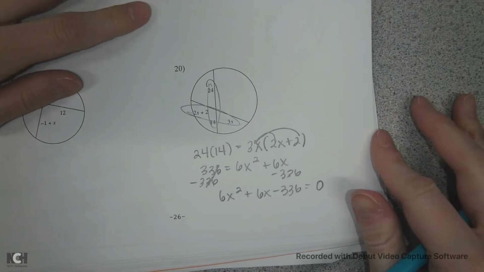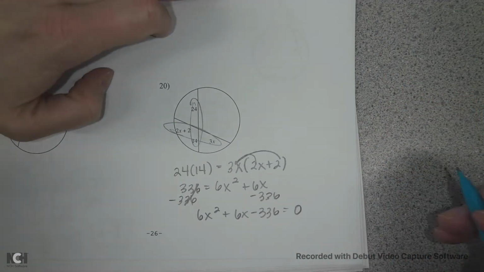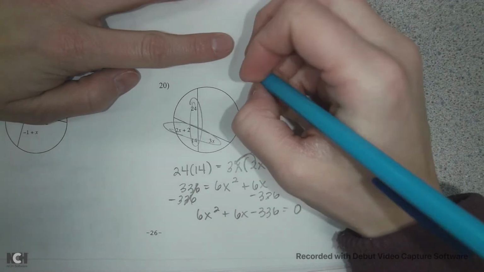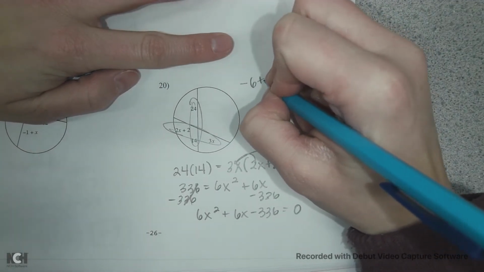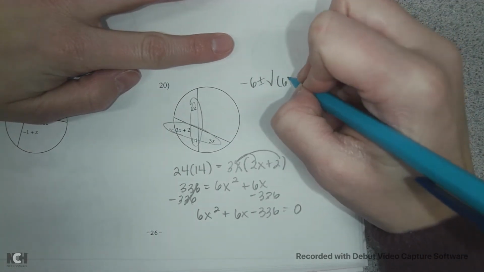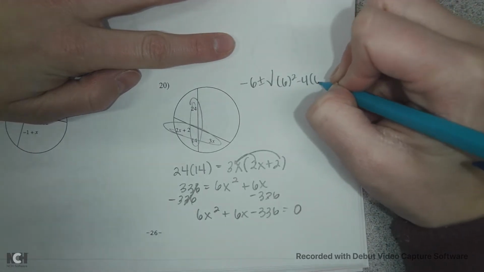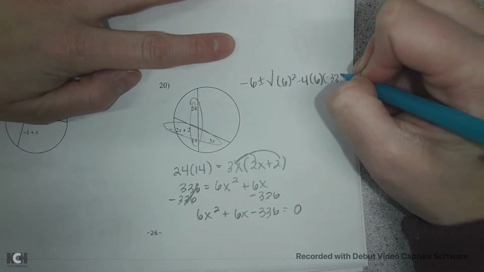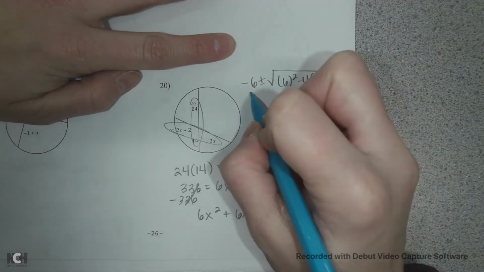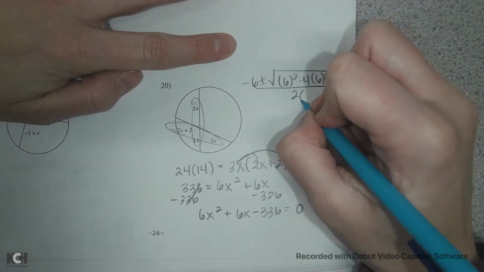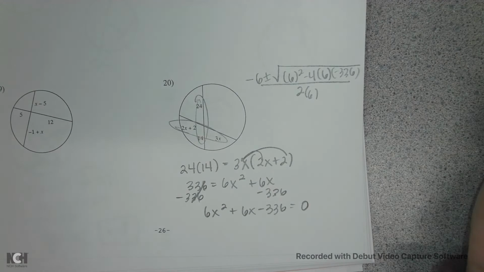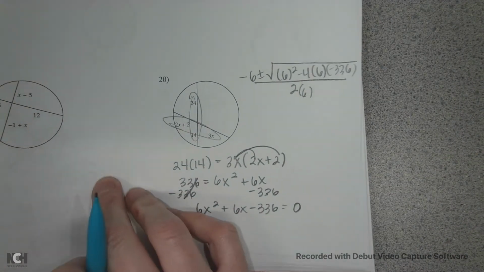So you can factor, or you can use the quadratic equation, which is what I was going to use. So x is equal to negative b plus or minus the square root of b squared minus 4ac all over 2a. Okay, we'll plug that guy in.